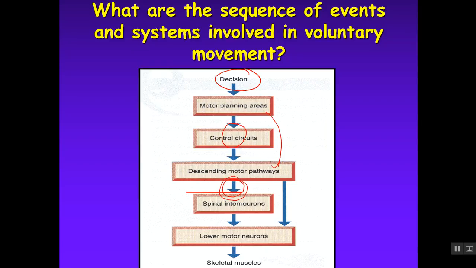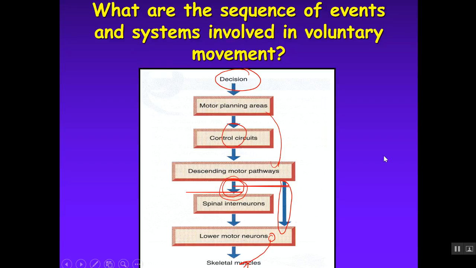Some of those spinal interneurons are more inhibitory, some are more facilitatory, so that helps modulate overall output. Some will directly interact with those lower motor neurons, those anterior horn cells that are going to the skeletal muscles. Okay?